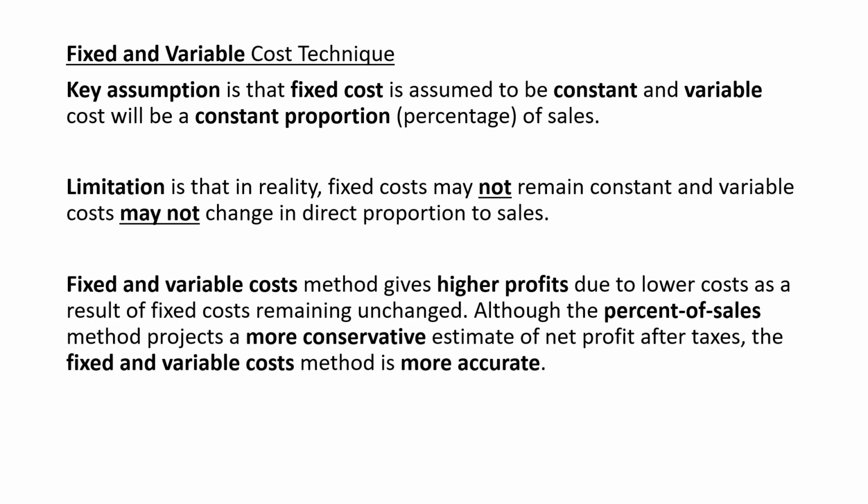The fixed and variable cost method gives higher profits due to lower costs as a result of fixed costs remaining unchanged, although the percentage of sales method projects a more conservative estimate of net profit after tax. The fixed and variable cost method is more accurate.